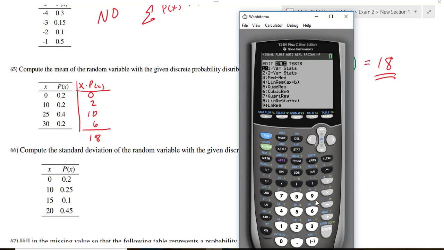We want the one variable statistics, but we want our x's to be list 1, but this is where we use the frequency list, which is list 2. That's second 2 to put a list 2 right there in your calculator, and then hit calculate, and we get the standard deviation is 7.648. We'll call that 7.6.